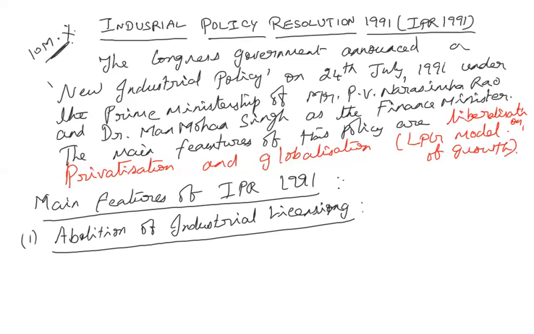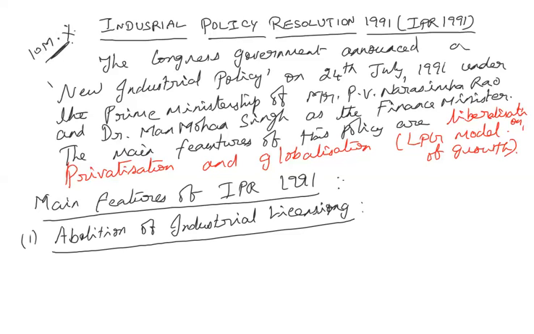What happens normally is, if the private sector wants to establish any unit or industry, they have to wait for a long period of time to get the approval from the government. That is not there as of this 1991 policy. Licensing is not made compulsory, and it will be automatically approved by the government.